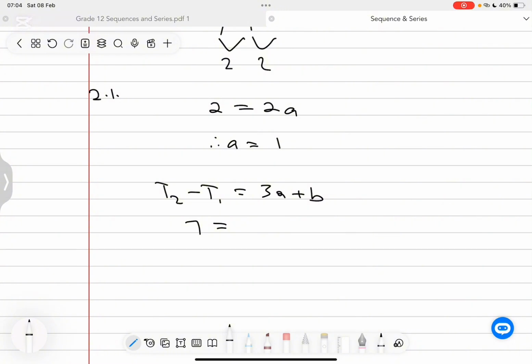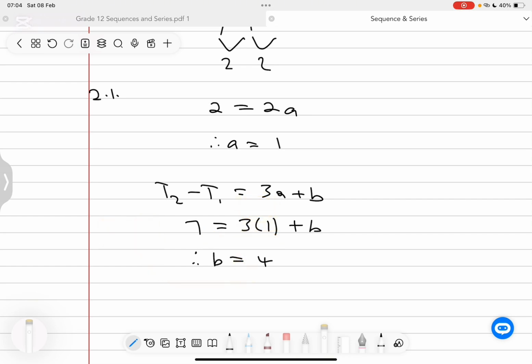Our a is 1 and we have a b here. So this means my b should be equal to 4, because 7 minus 3, when I take the 3 to this side, gives me 4.